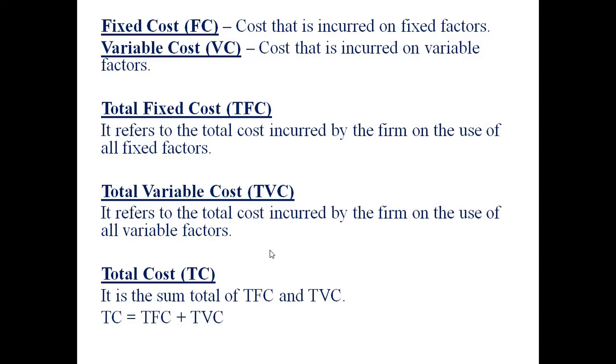Or the variable inputs, because if you want to adjust, that is to increase the level of output, you have to employ more amount of labor, or the labor hour. And for the labor hour you have to pay extra. For example, if in a company there are only 100 employees, and they are being paid a sum of money, but if they want to increase the level of output, then they have to hire more number of laborers, isn't it?